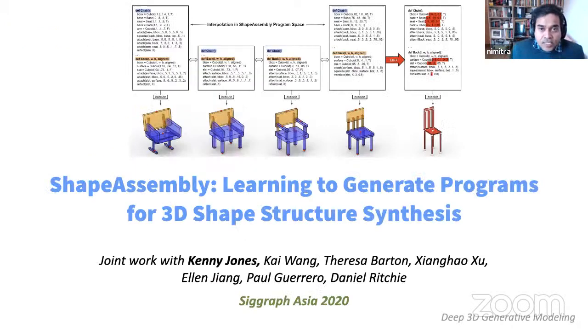The next part, an improvement of this method, is a work that is going to appear at SIGGRAPH Asia, where we take the StructureNet approach, but now we work directly at the level of programs. And I will talk about what I mean by programs, which when executed give shapes.